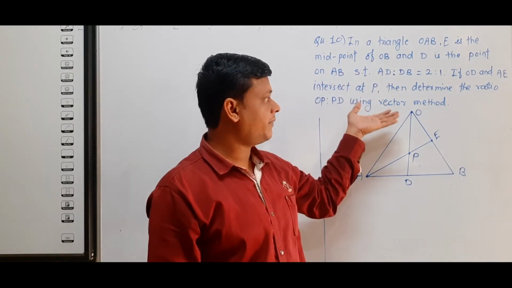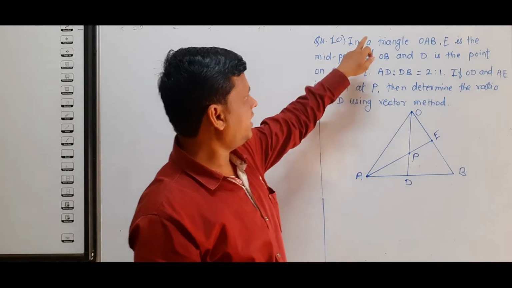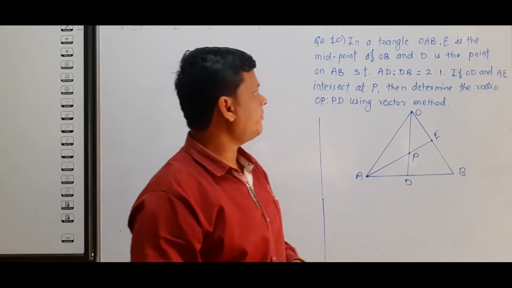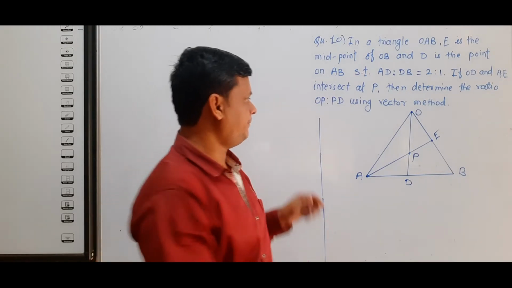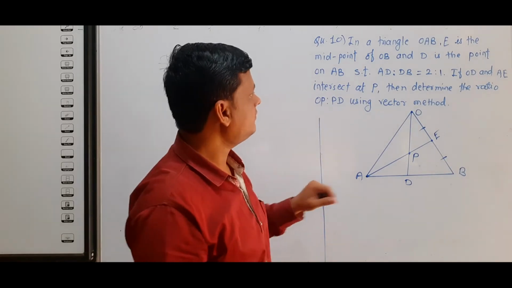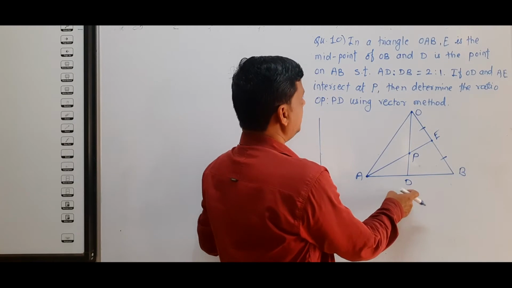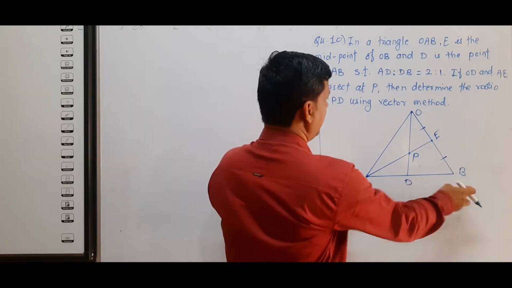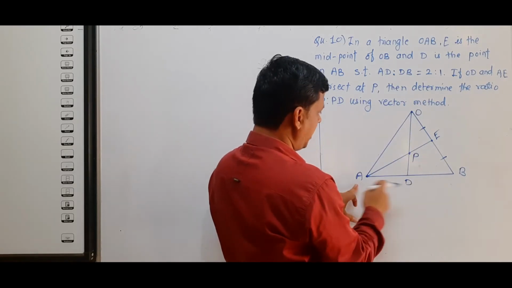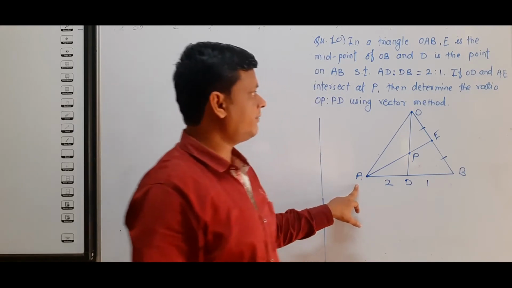So the given part we write in diagrammatic form first. In triangle OAB, so we draw here triangle OAB. E is the midpoint of OB, and this E is the midpoint of this side OB. D is the point on AB. This point D is on the side AB such that AD is to DB equals 2 is to 1. So we write here the ratio as 2 is to 1.